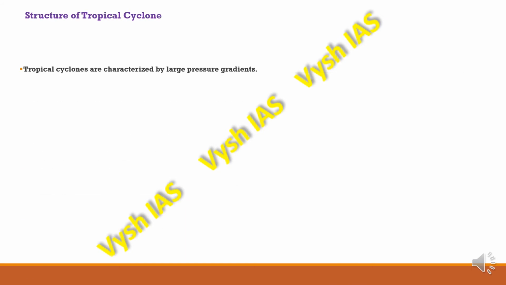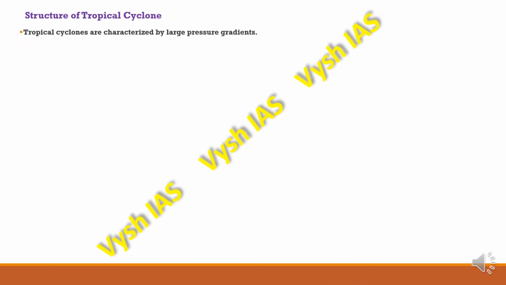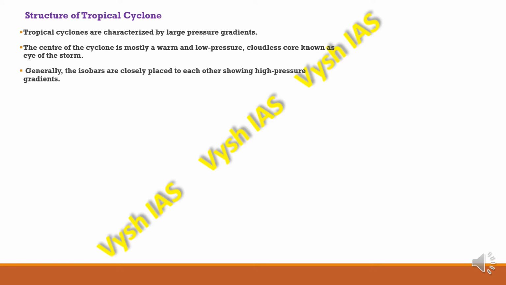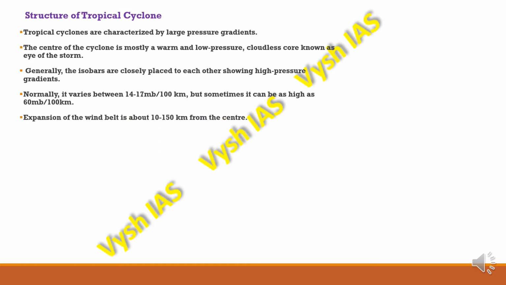So the structure of a tropical cyclone is characterized by large pressure gradients, and the center of the cyclone is mostly a warm and low pressure zone which will be a cloudless core, and this will also be known as the eye of the storm. So the isobars will be closely placed to each other, showing a very high pressure gradient, and this will normally vary between 14 to 7 millibars per 100 kilometers, but sometimes it can reach up to 60 millibars per 100 kilometers.